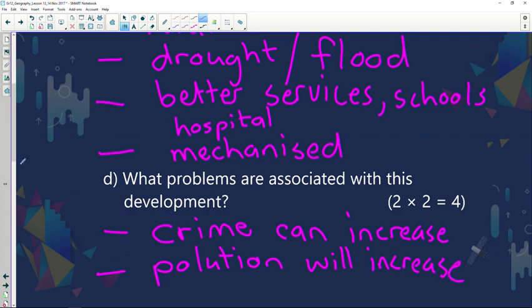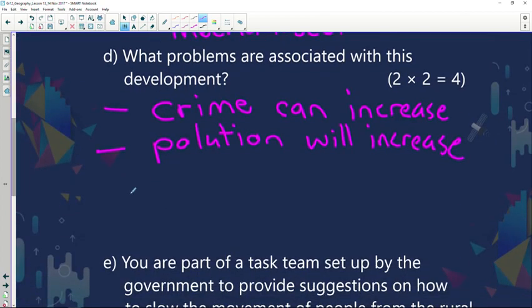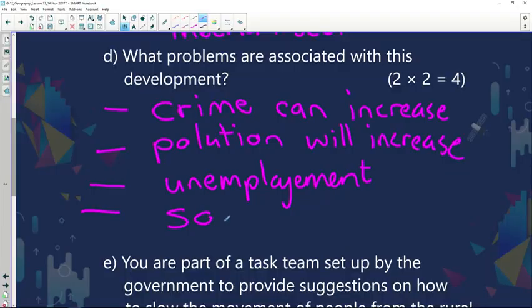And believe it or not, rural-urban migration can lead to unemployment. The unemployment rate will go up because people are moving from the rural areas to the urban areas, but unfortunately, because they're not skilled, they can't get any jobs, and that can eventually lead to social problems.